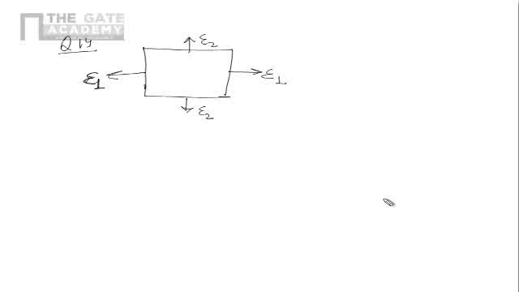So the true strain, now that's a very good thing, is given by log natural of 1 plus engineering strain, where engineering strain is change of length over original length. Please remember this equation. When I'm given the true strain in one direction, that strain value is 0.05.